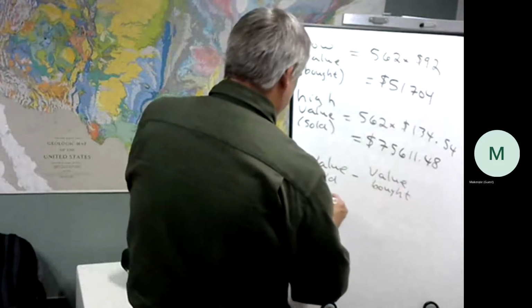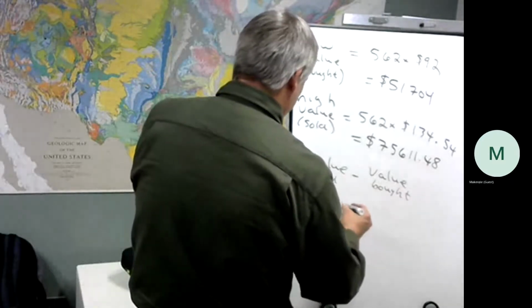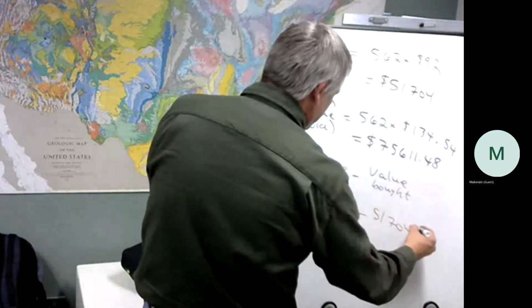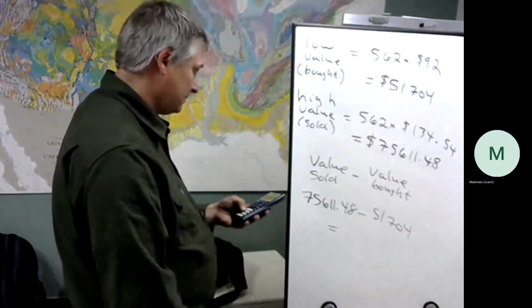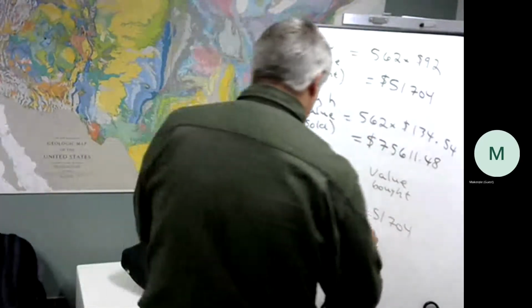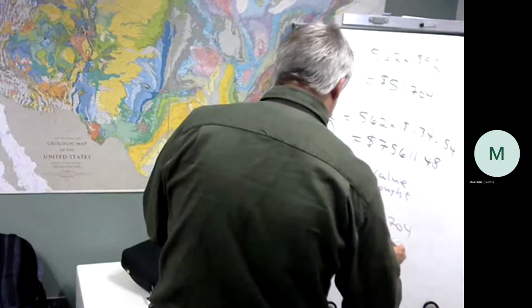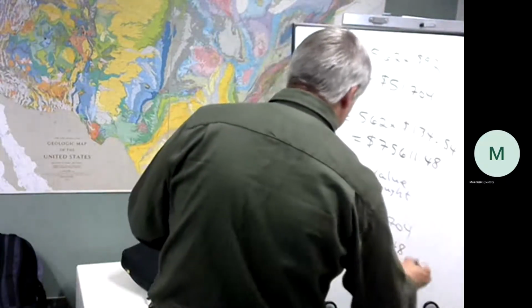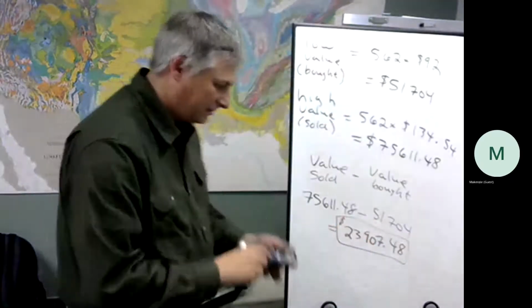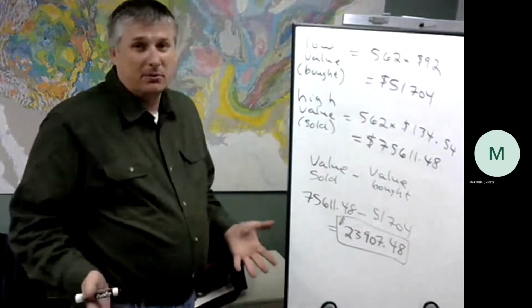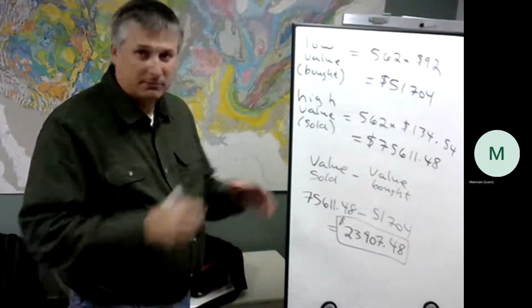So we take 75,611.48 minus 51,704, and we get $23,907.48. Because this is positive, it's a profit. That would be a problem you would have for the stock chart section.